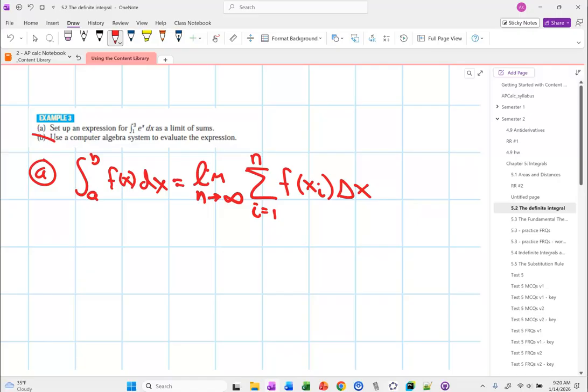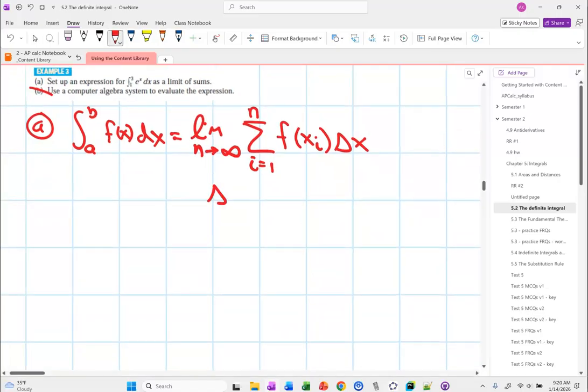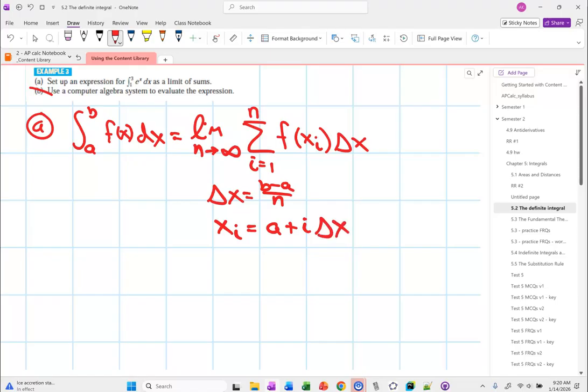And we know delta x is always b minus a over n. And if we're using right-hand endpoints, xi is a plus i delta x.